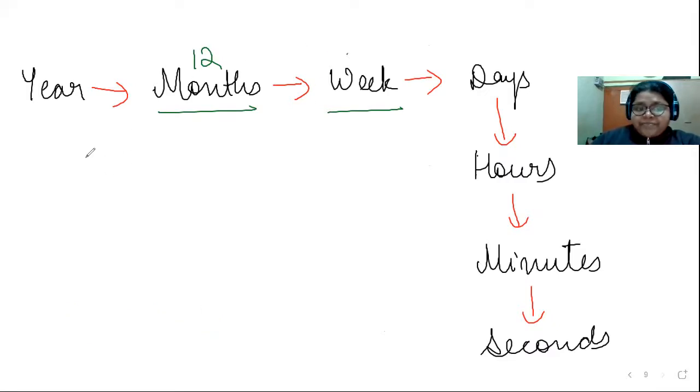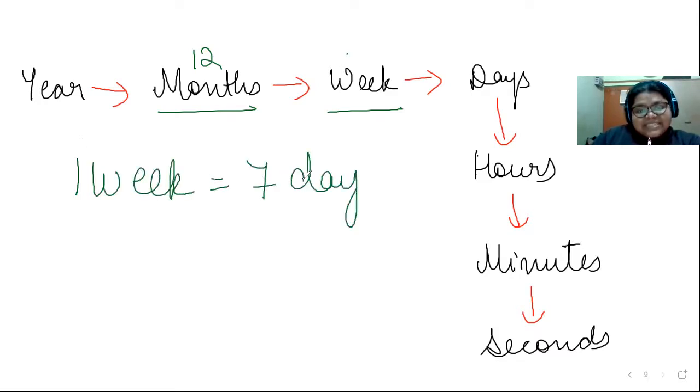Then we have 1 week is equal to 7 days, right?